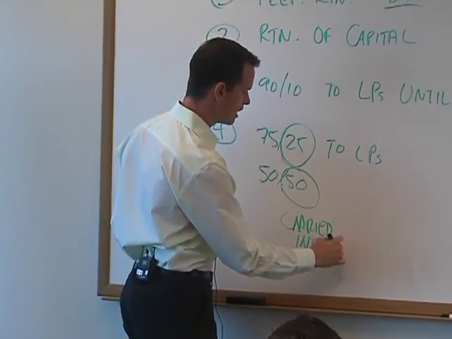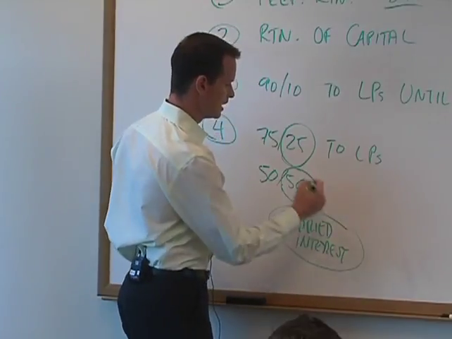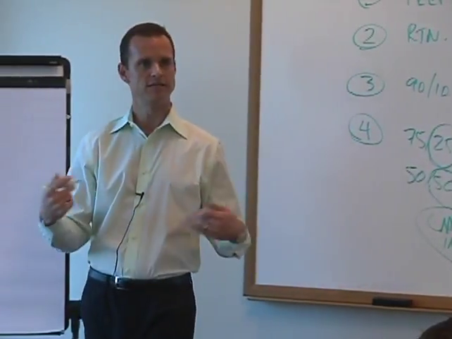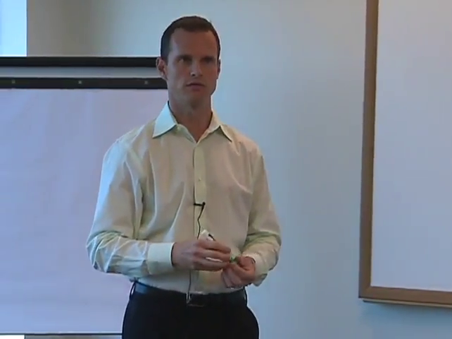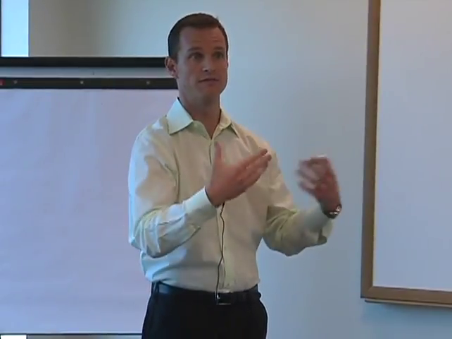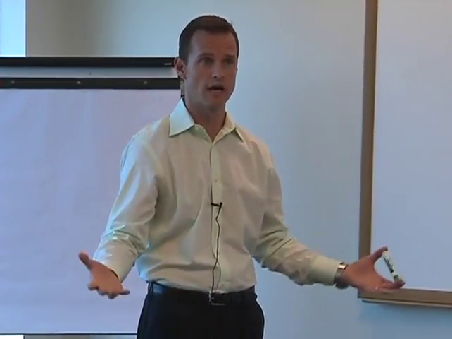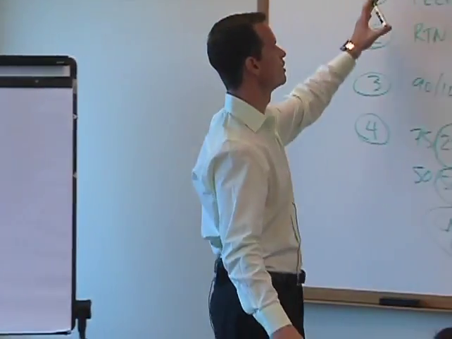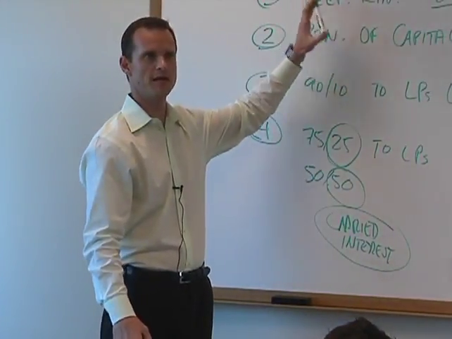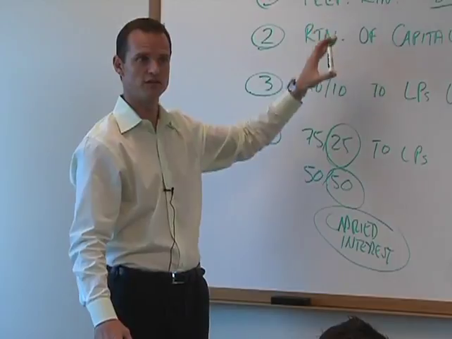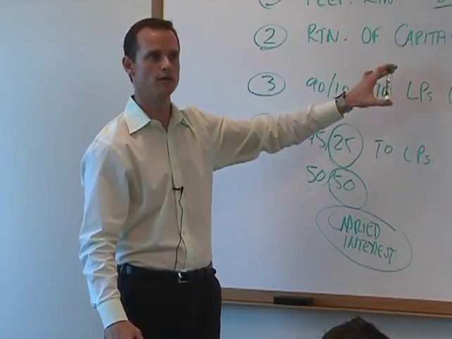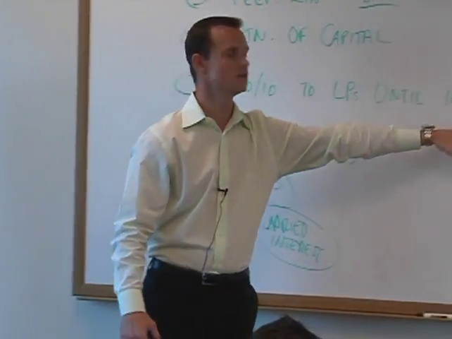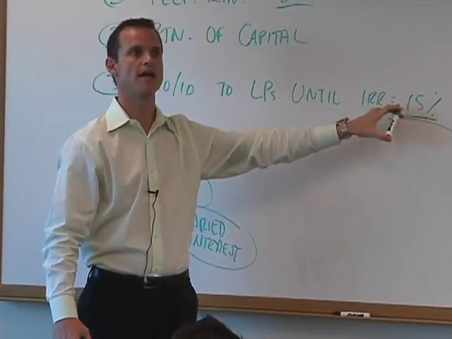And a waterfall model in Excel basically looks at all of the returns to each class of investor, LPs and GPs, over time, and in each case determines, has this been met? If this has been met, then go on to this. Have each of these been met? If they've been met, then go on to this. Have our returns exceeded 15%? If they have, then go here.